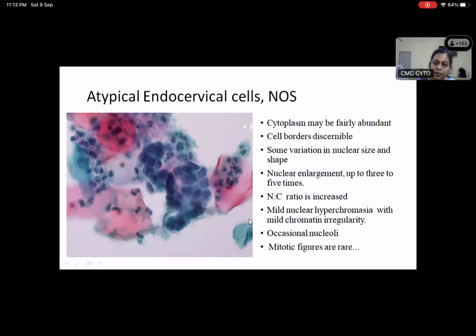So here you can see that you can make out cell borders. There might be some minimal overlap. Nuclear enlargement is there. NC ratio is increased. There is hyperchromasia, some mild nuclear membrane irregularities you can make out. But you cannot definitely say that this is neoplastic, because the chromatin still remains sort of fine. It's not really coarse chromatin.